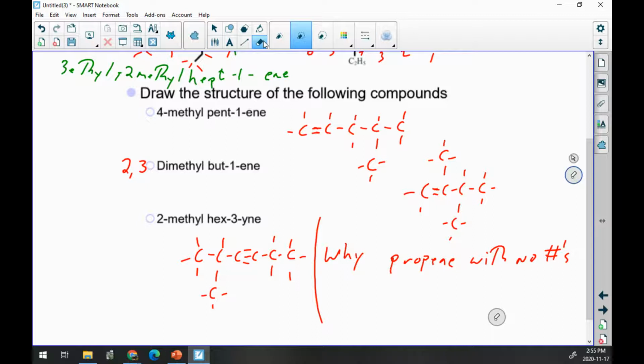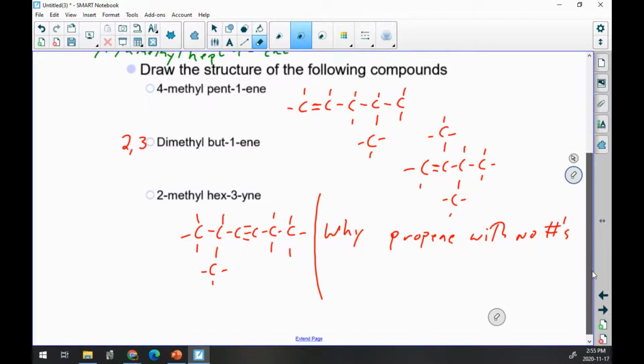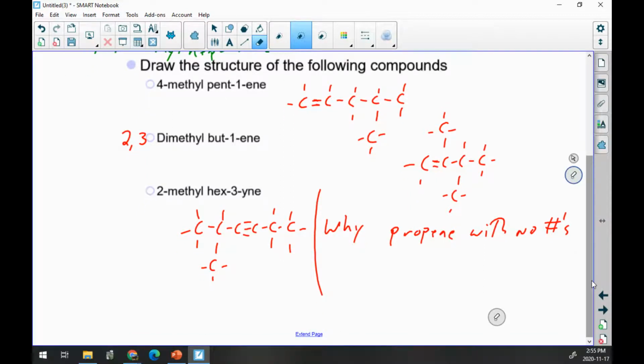The next question is, why is it just called propene? Why is it not called prop-1-ene? The reason is there's only one place to put the double bond in this case, right?